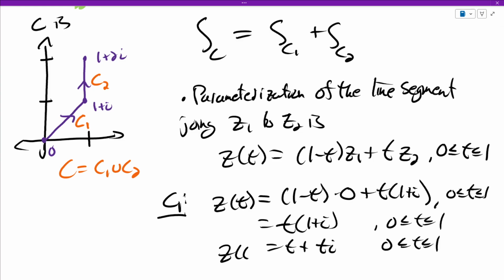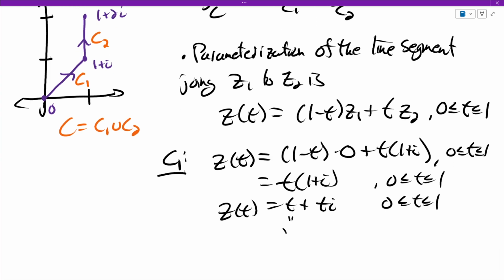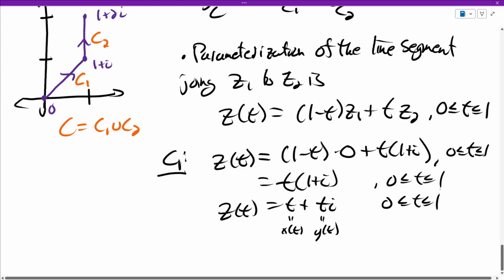So that's our parameterization. In particular here, our x of t is t, and our y of t happens to also be t. Now we could have gleaned that from the picture pretty easily, but I wanted to remind us how to parameterize line segments because it's a very simple thing and very important to remember. A lot of our examples will be built with line segments.